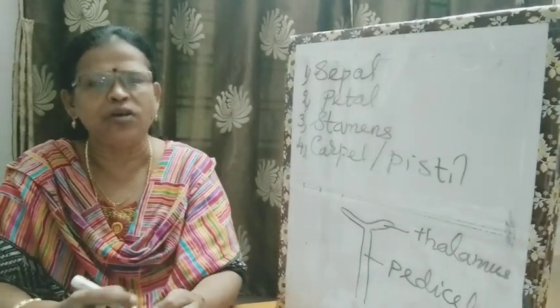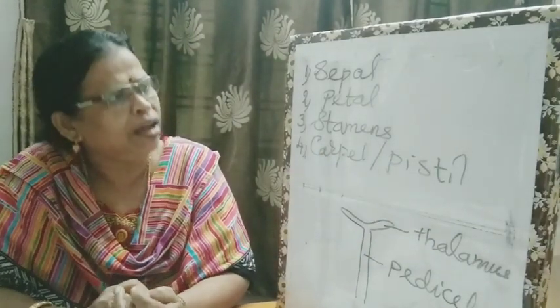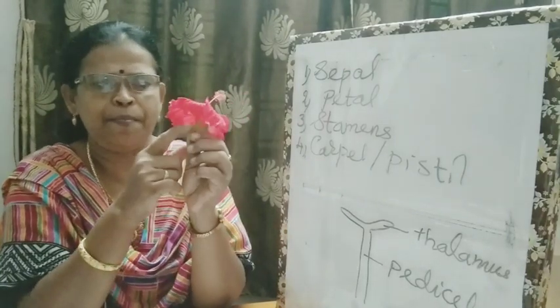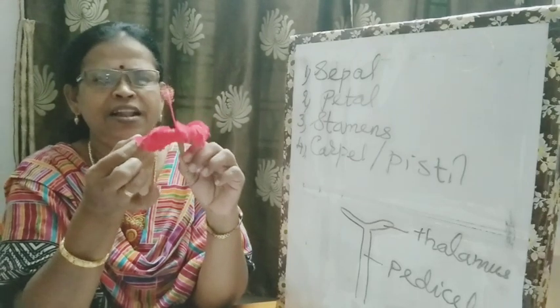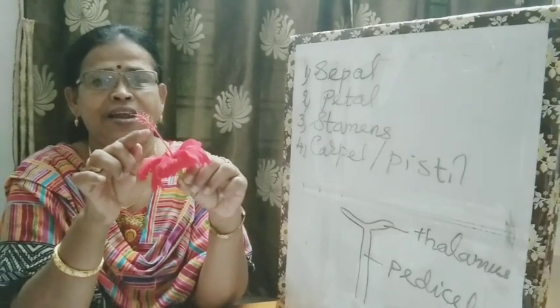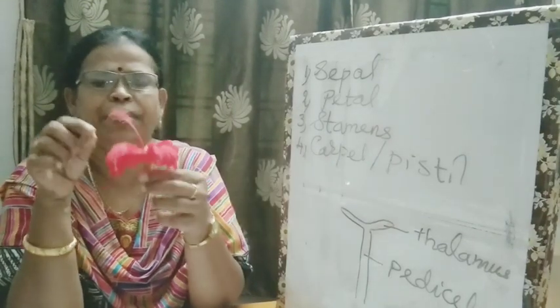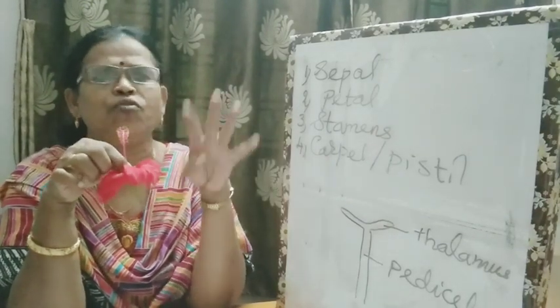What are the four whorls of a flower? You can see in this: sepal, petal, and there are stamens, and present inside is the carpel. So, four whorls.